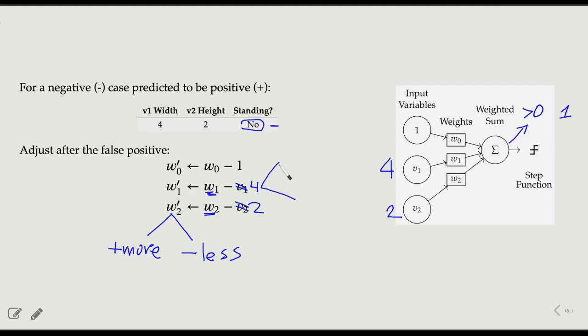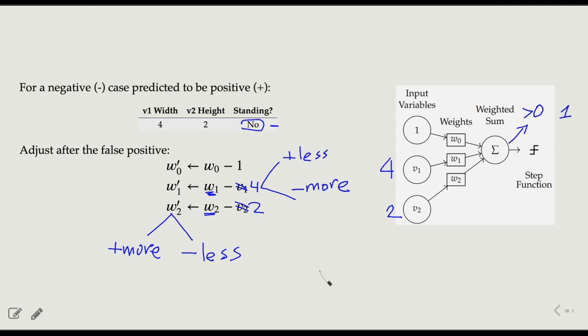Now for W1, in the previous case, we add less and we subtract more. This is because of the nature of the relation between height and width to predict standing versus lying. So when there are more and more misclassifications with training, we're going to see that W1 will be relatively much less than W2.